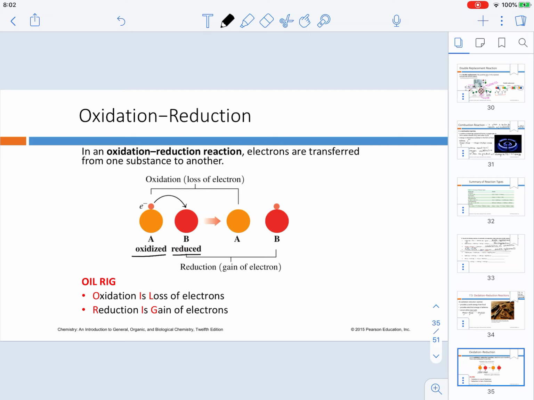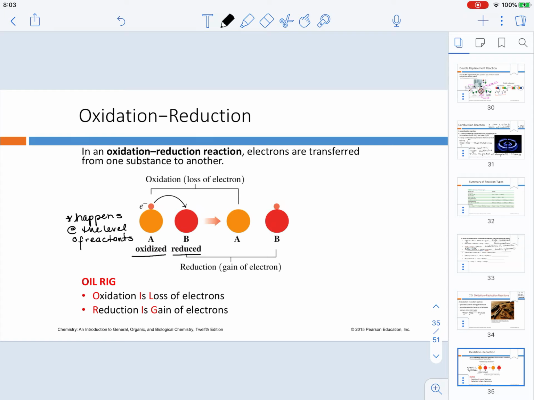This transfer of electrons happens at the level of reactants. That's where we see the transfer. We don't see the transfer of electrons on the product side.